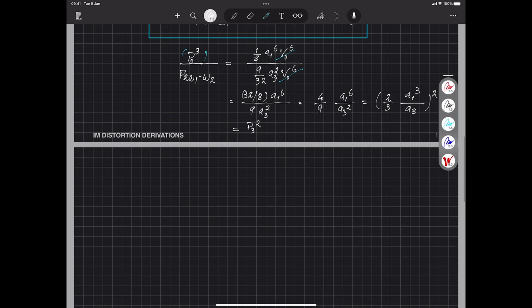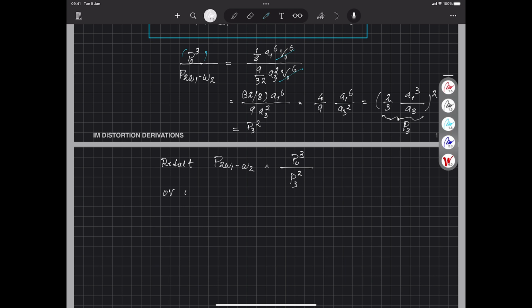And so the final result that we were looking for is that the third order intermodulation power equals P0 cubed over P3 squared, since this term here under parentheses is P3.